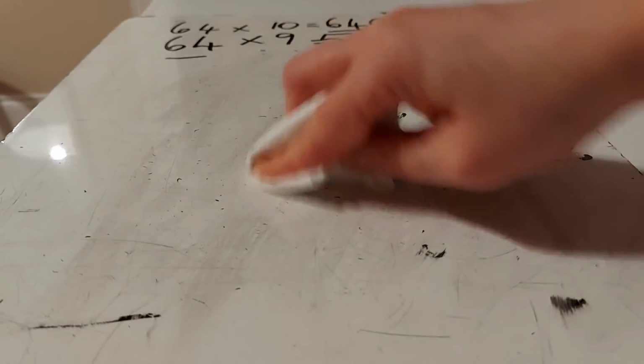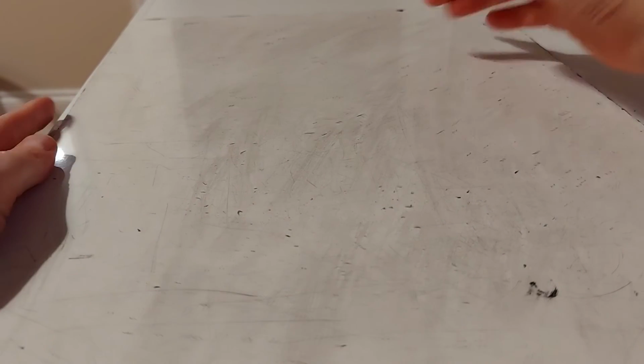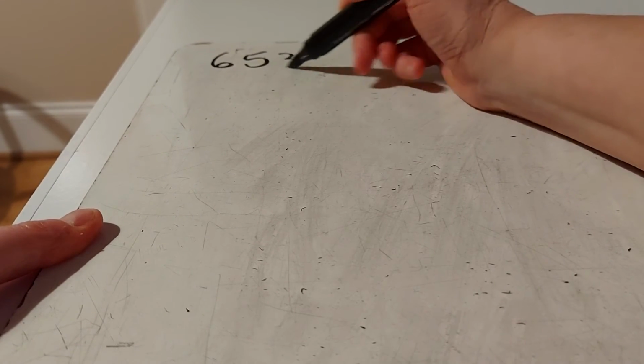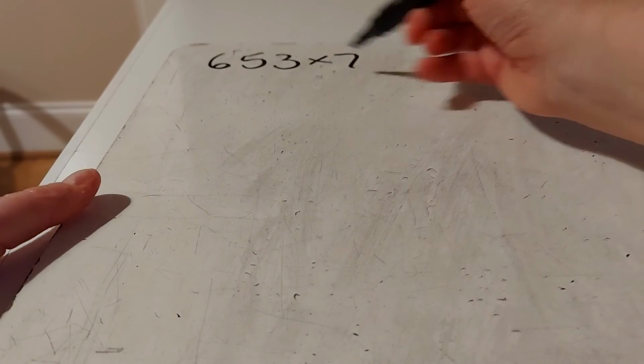Okay, I might just do one more calculation, okay? And I might make it a little bit harder and just show you say if you were multiplying a 3-digit number by a 1-digit number, how you would set it out. Okay, so if it was 653 times 7, you can see that.